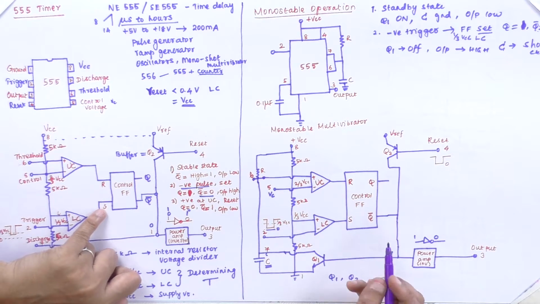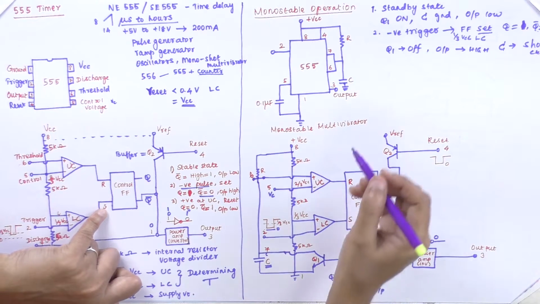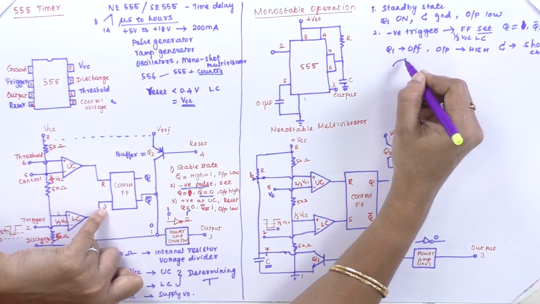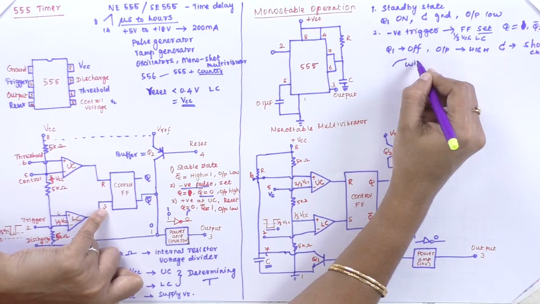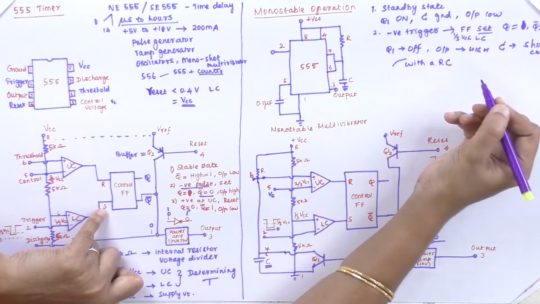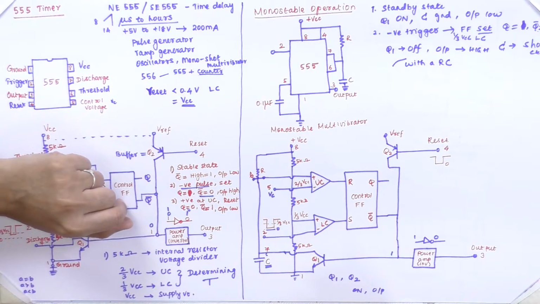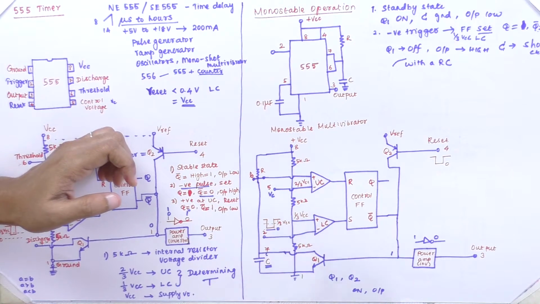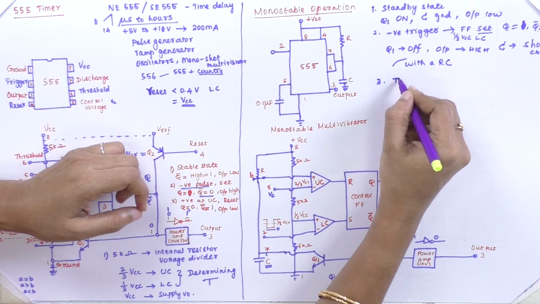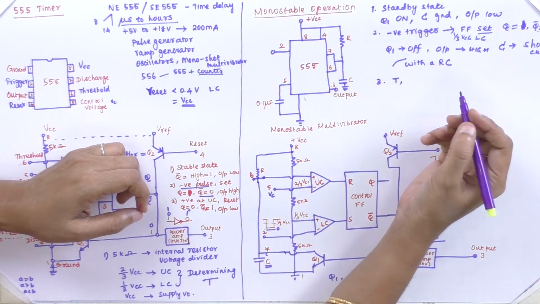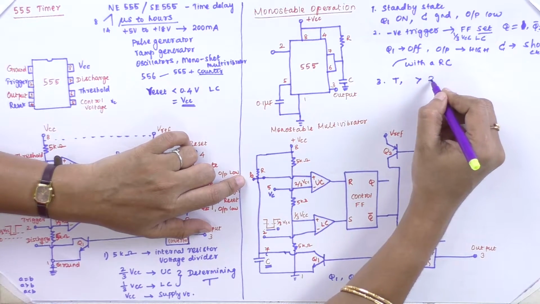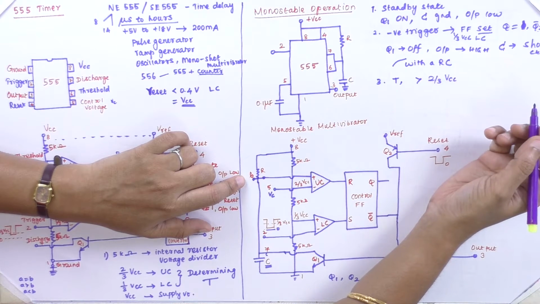So in that condition, the capacitor voltage rises exponentially with a time constant of RC. After a time period T, the capacitor voltage is greater than 2/3 VCC.